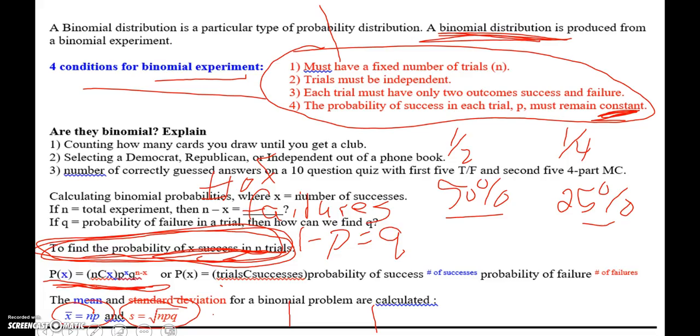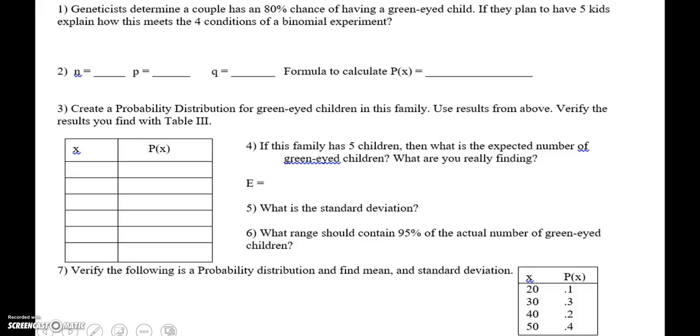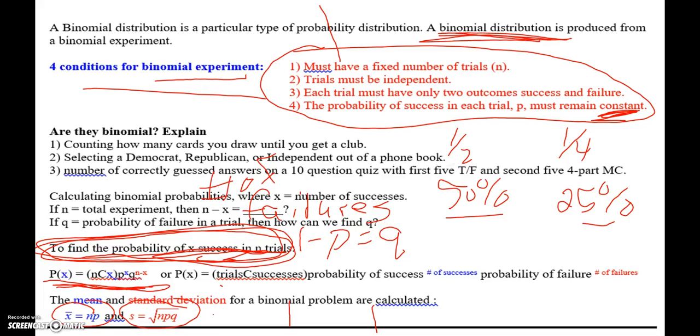Alright, if this family had 5 children, then what is the expected number of green-eyed children?